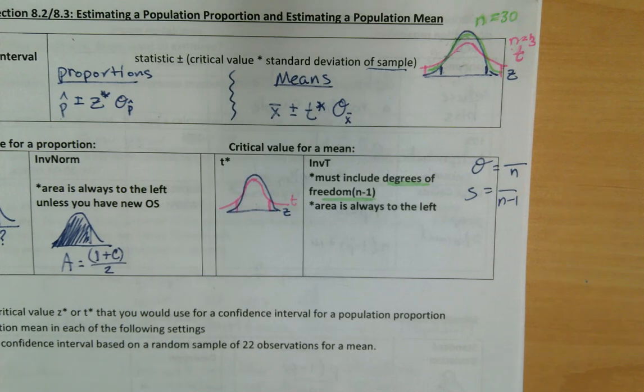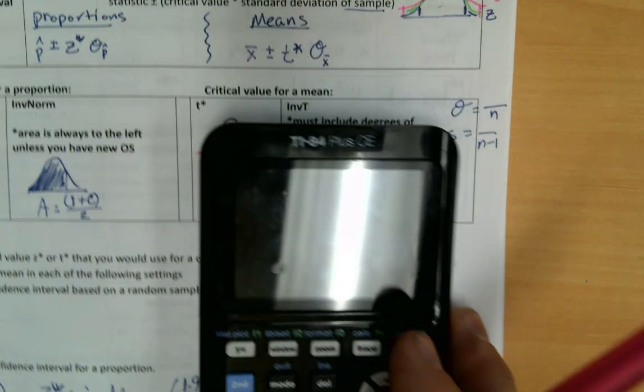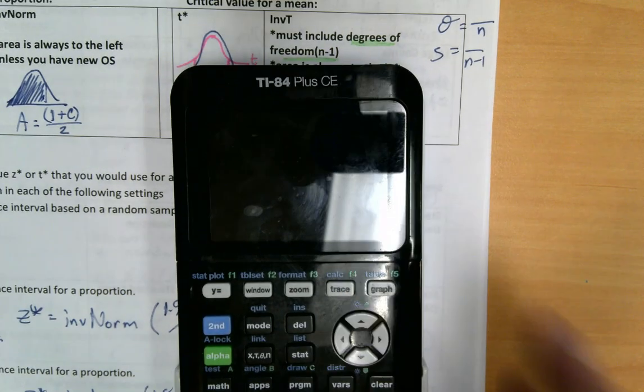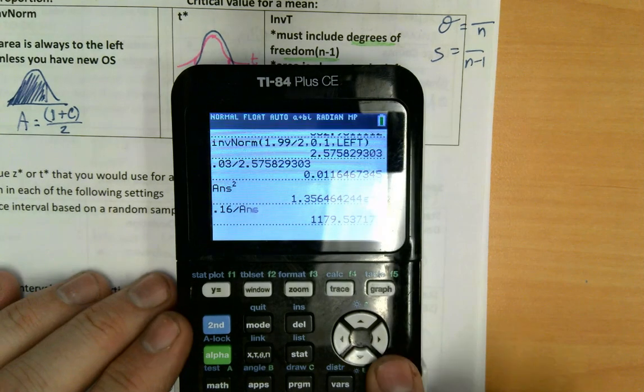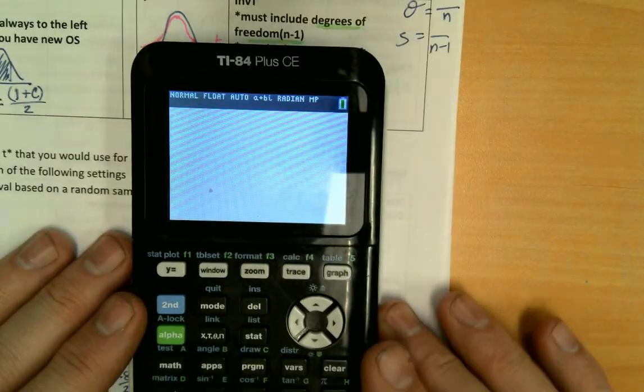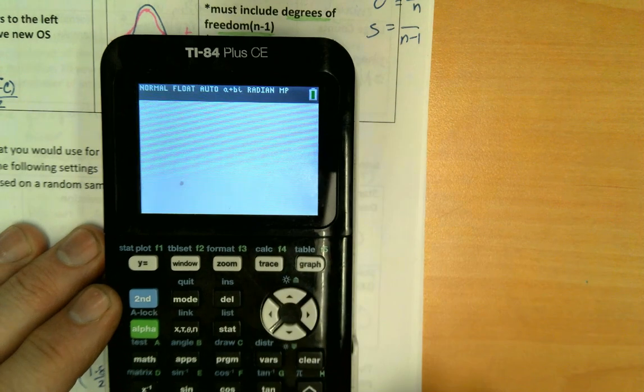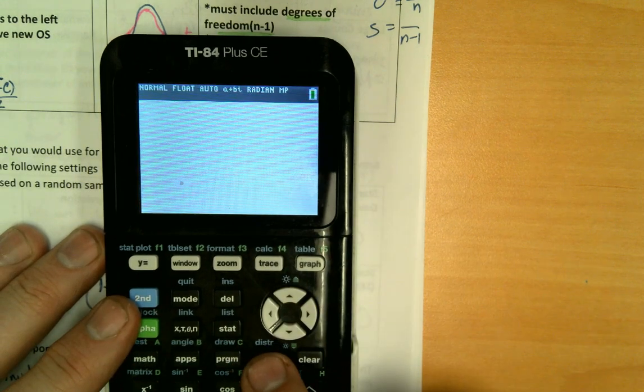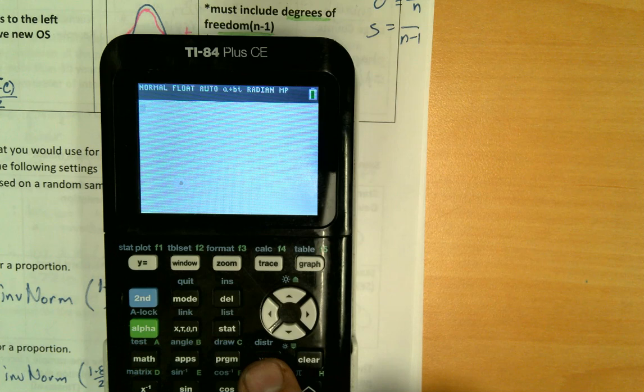Now, the nice thing is when we go to our calculator to do inverse t, you'll know that you're doing the right thing or not based off of what the actual screen prompt says. So inverse t is in that same place that inverse norm is at, in that distribution menu.